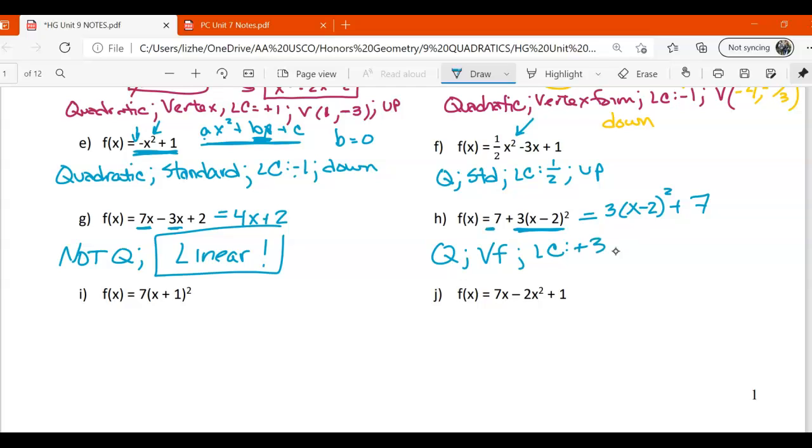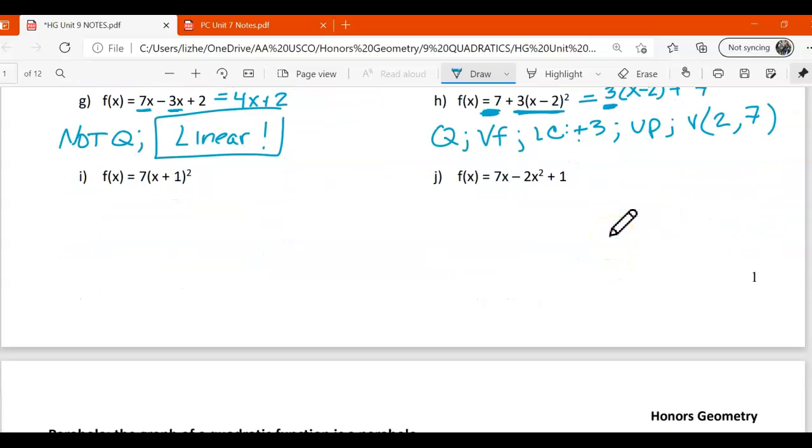Notice here, this is not the leading coefficient because it's not in the proper order. Make sure it's in the proper order before you tell me the leading coefficient. It's going to open up because the leading coefficient is positive. And then the vertex, so the negative didn't change for the h, so I put a 2 there. And the k is a positive 7. And there's my vertex.